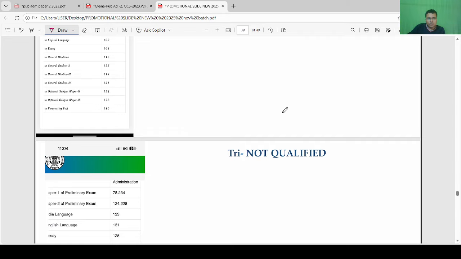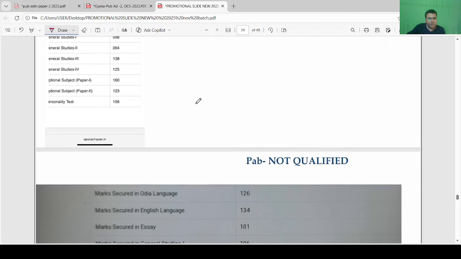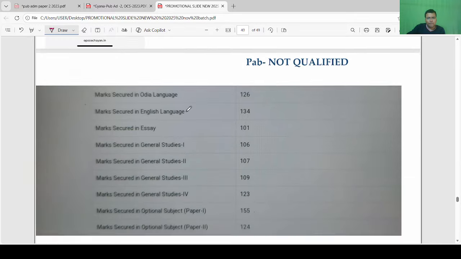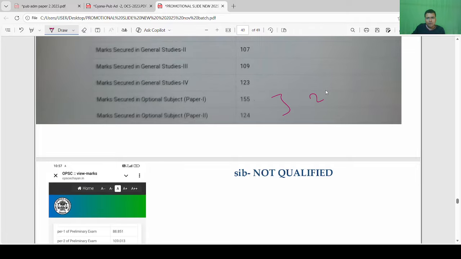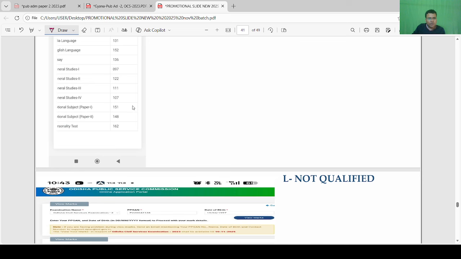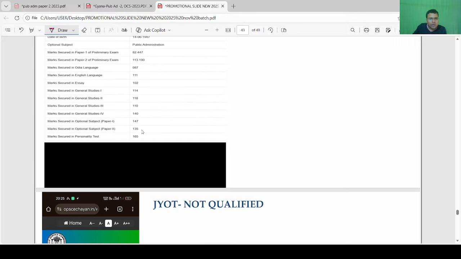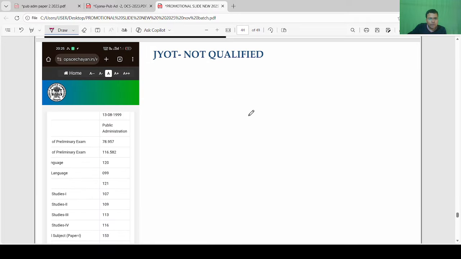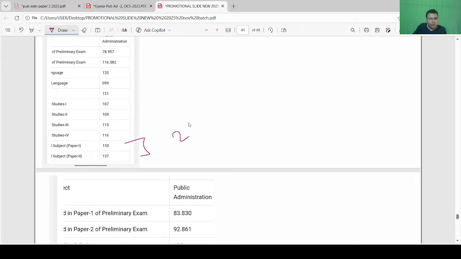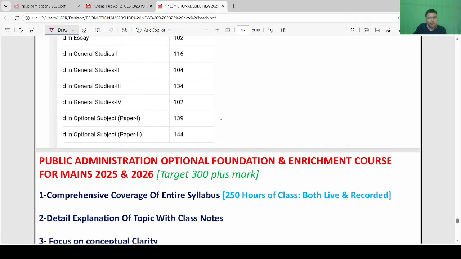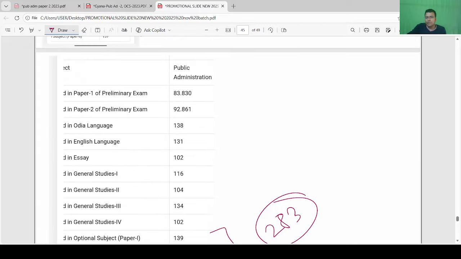And this is some students not qualified, marks are 278, 283, 279, 299, 287, 280, 290, 283, not qualified. Yeah, this is marks of some students this year.